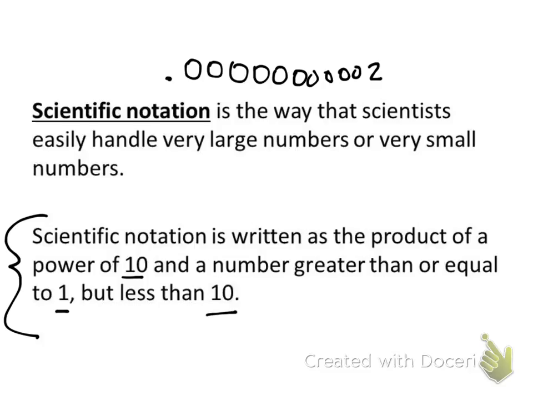If you're a scientist and you're doing calculations with a number like this, it would be very easy to forget a zero, right? Every time you'd write it out, you'd have to count up all those zeros. Same thing if you're talking about, let's say, the distance from here to Pluto. I don't even know what that is, but let's say it starts with a 5 and it has a whole bunch of zeros.